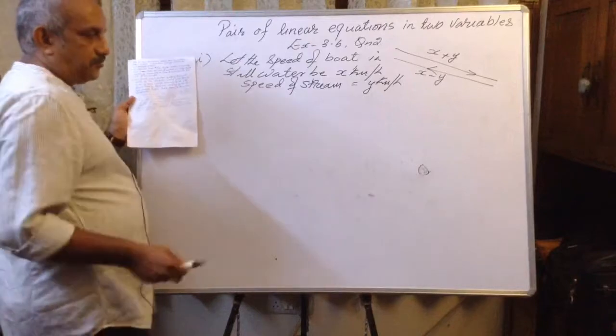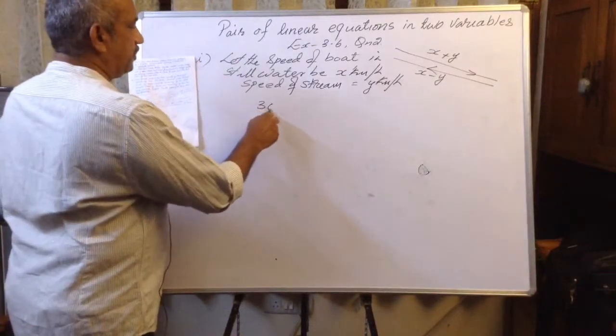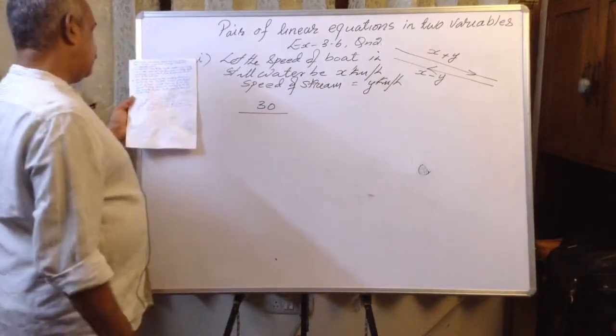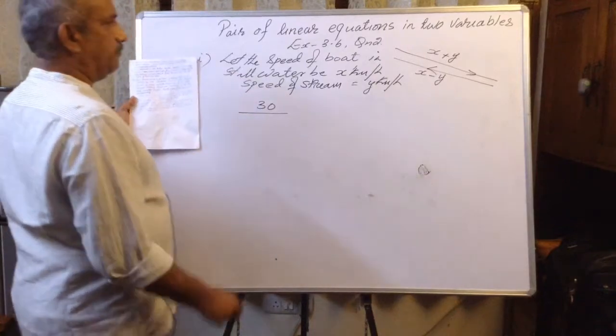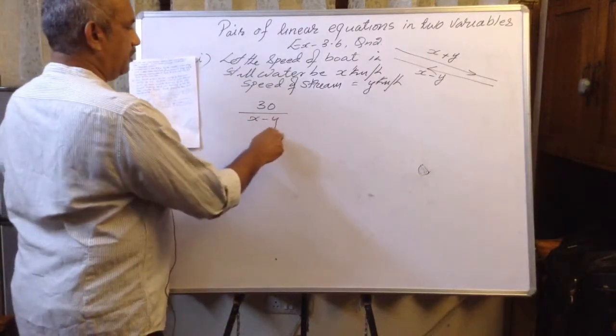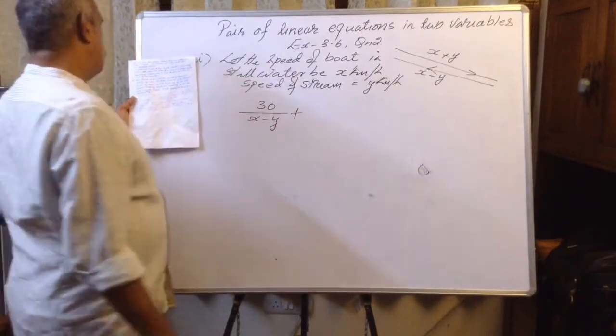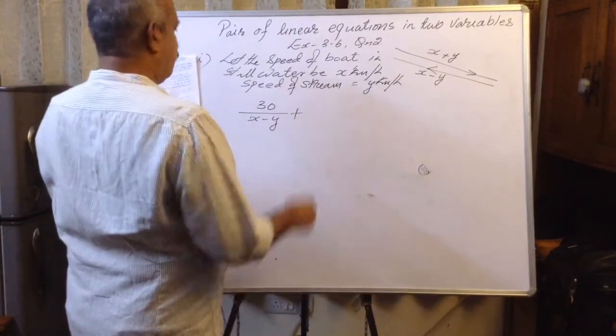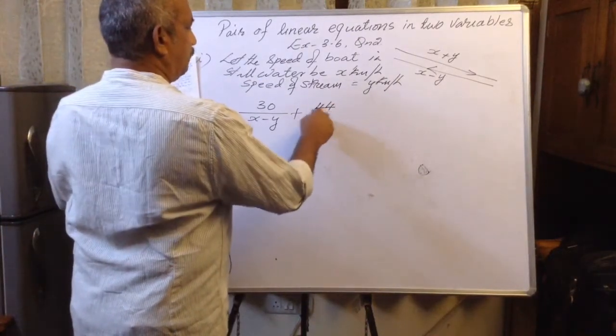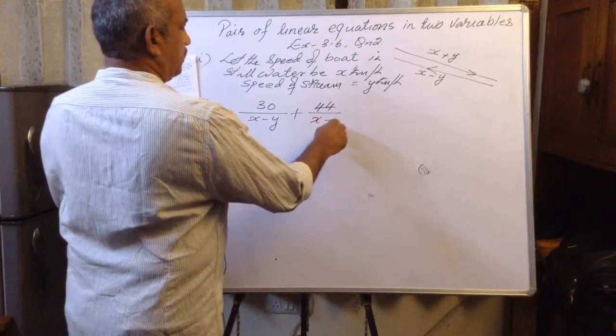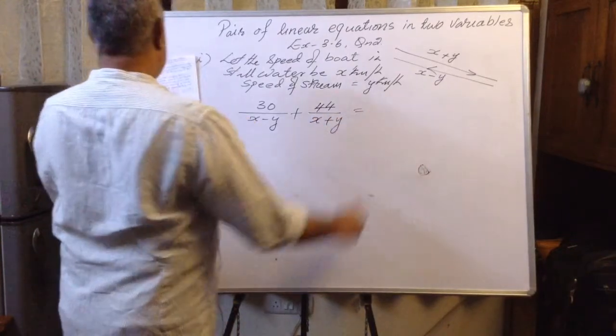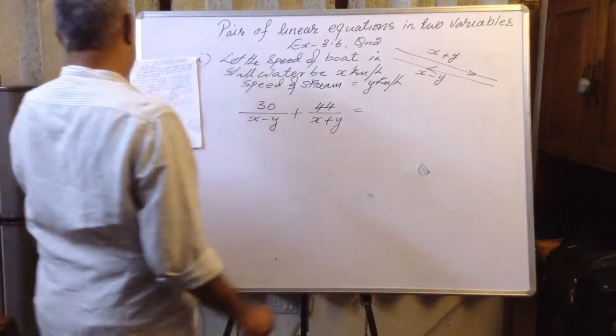Now distance upon speed, 30 kilometer upstream upon x minus y, plus 44 kilometer downstream, 44 upon x plus y, is equal to time taken 10 hours.